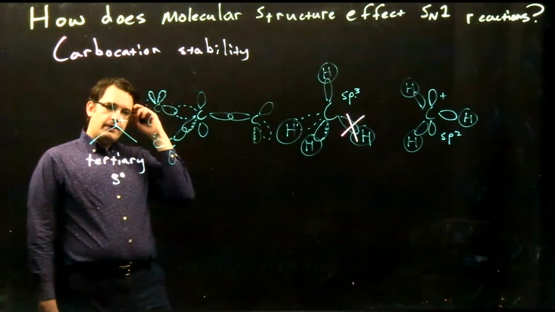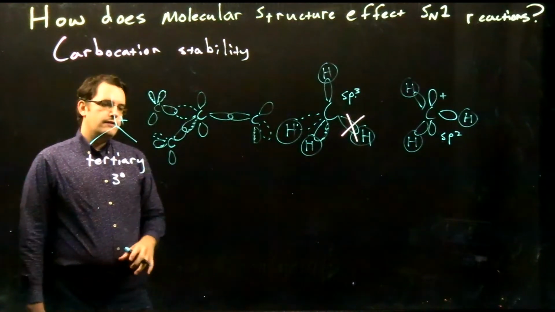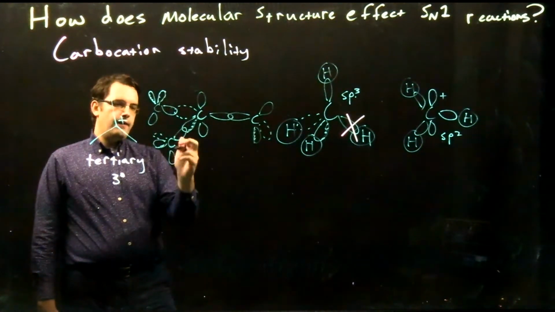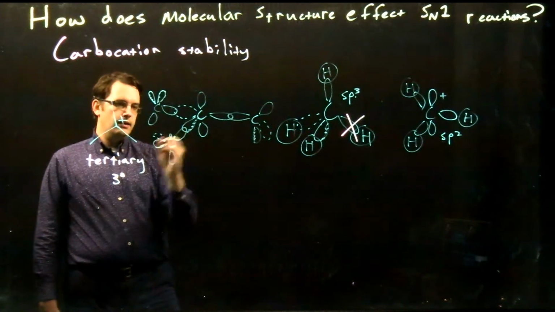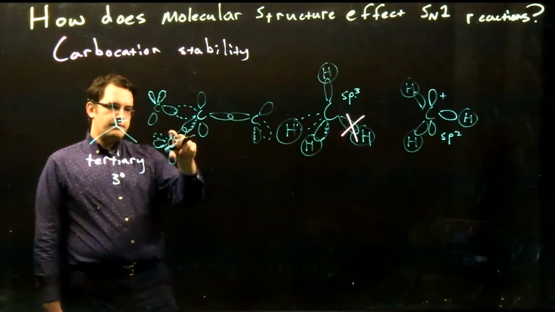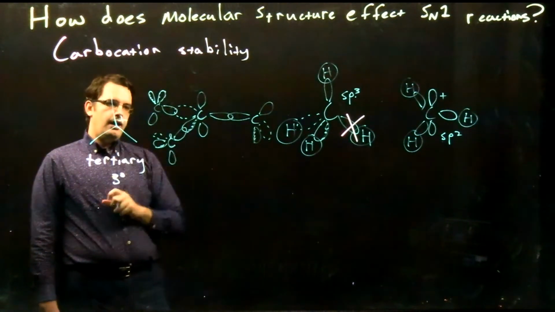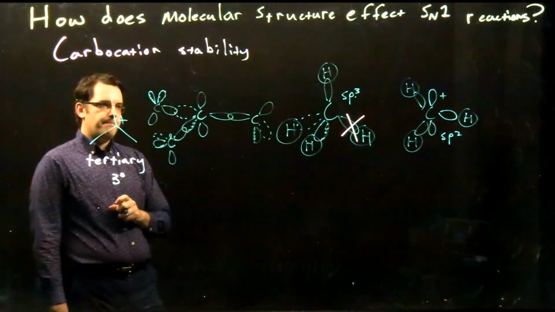Now, one of the important things to notice here is that our sp3 orbitals have a little bit of p character, which means that they are double-sided. They have a little lobe on one side and a big lobe on the other side.